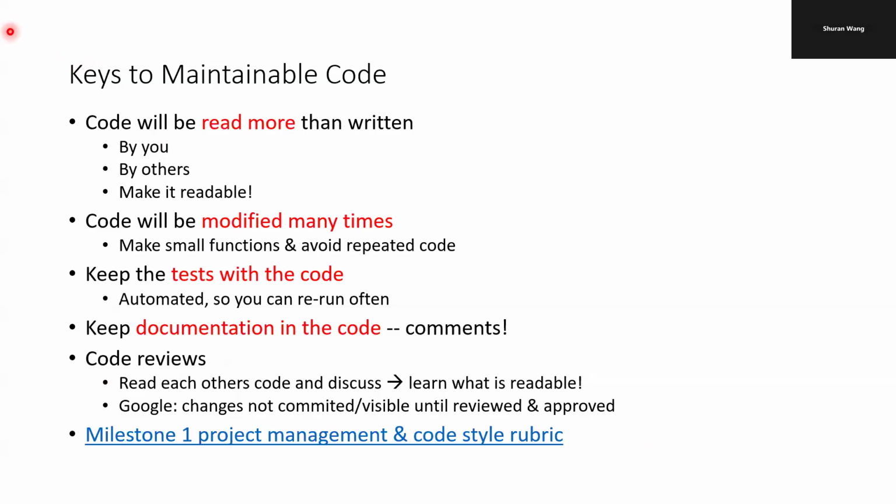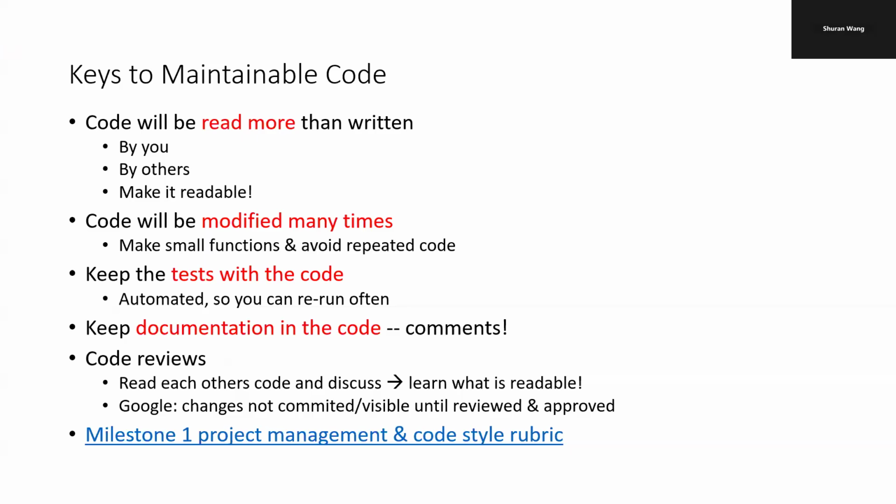As a summary, your code will be read more than written, by you and by others. So make it readable, and make it readable in a short time. You won't have a lot of time just reading the code. Your code will be modified many times, so avoid repeated code and large functions.